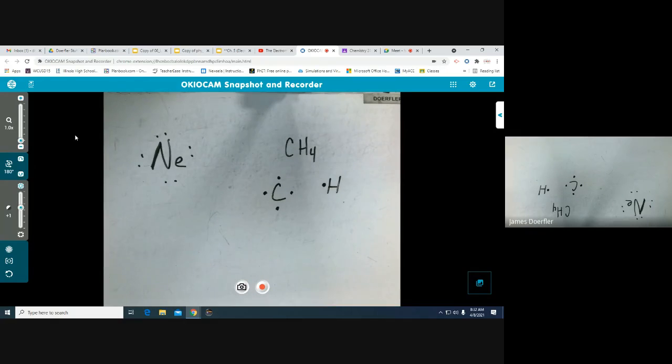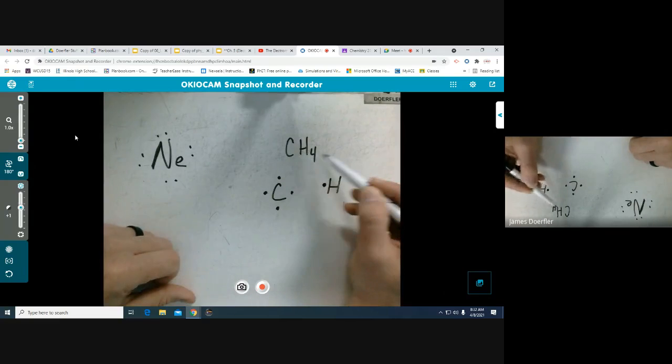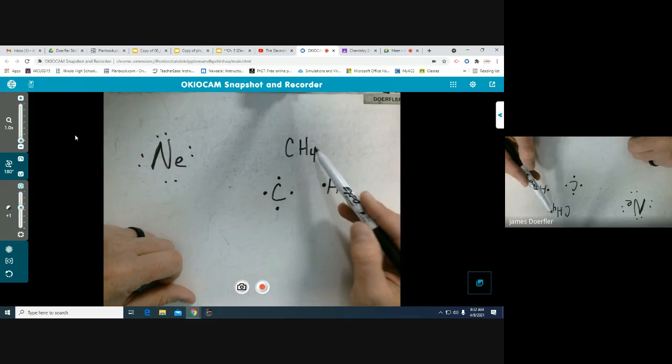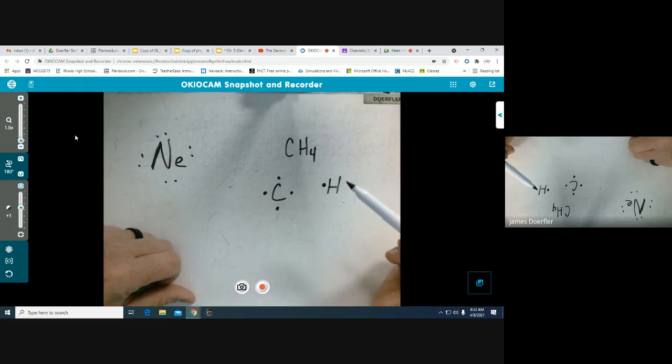But what it can form is a maximum amount of electrons in the s orbital. Does anybody remember how many electrons can go in the s orbital? 2. Okay. So looking at the formula, if hydrogen needs 1 more and carbon needs 4 more, that's why hydrogen gets the subscript of 4.